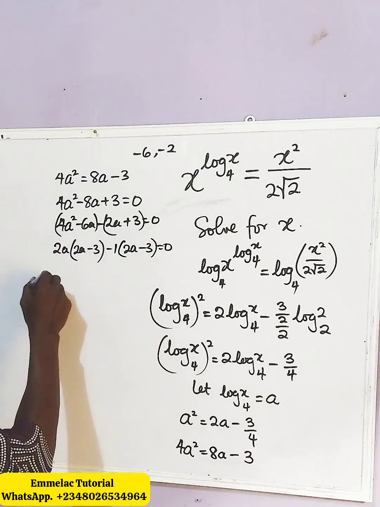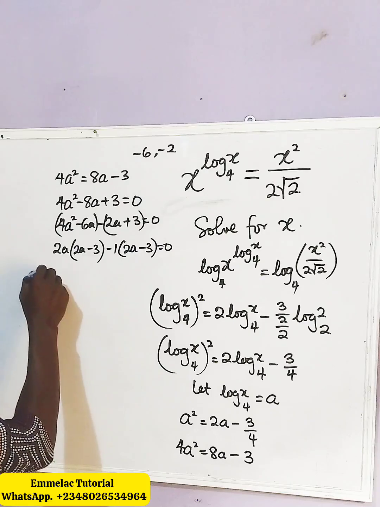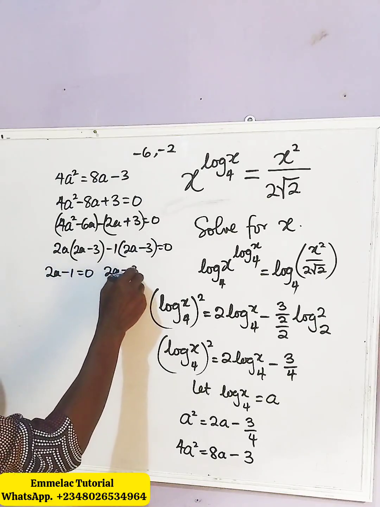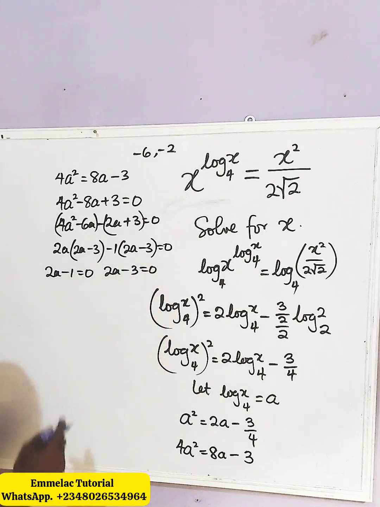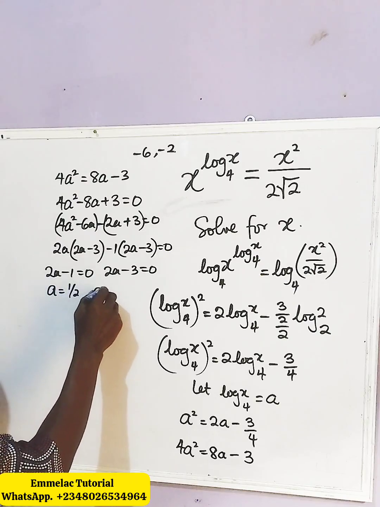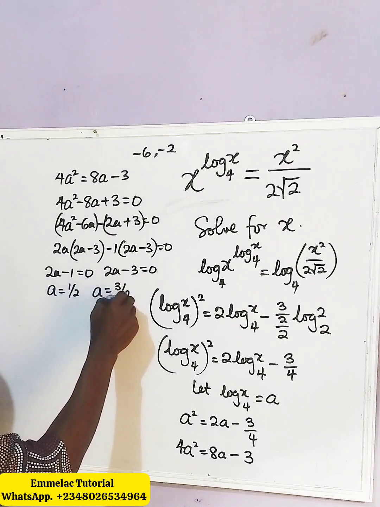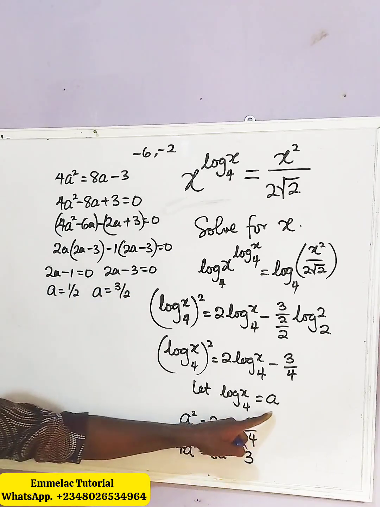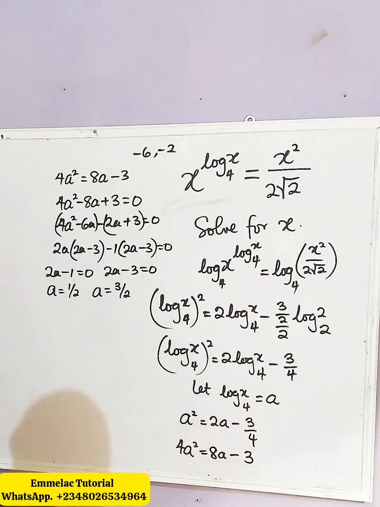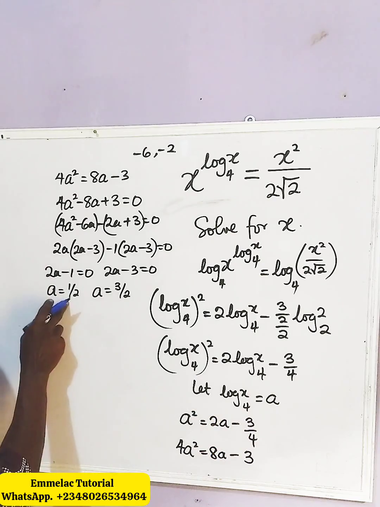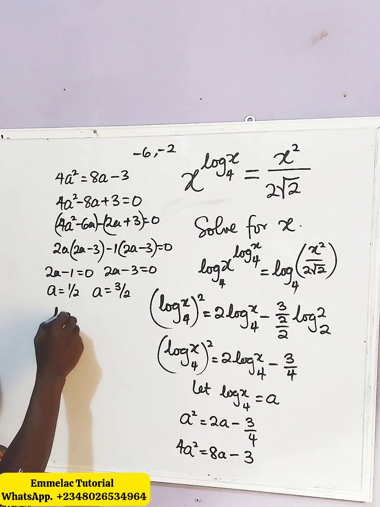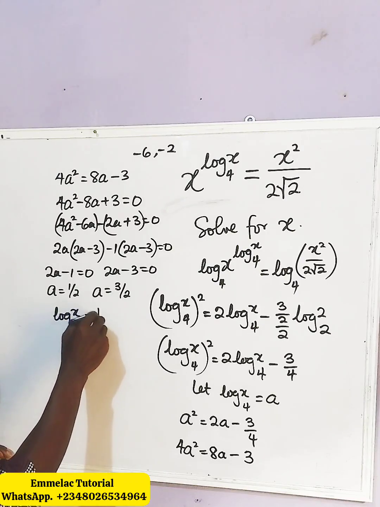So we have two terms equating to 0: 2a minus 1 equals 0, and 2a minus 3 equals 0. At this point, a equals 1 over 2, and a equals 3 all over 2. And take note that a equals log x base 4.